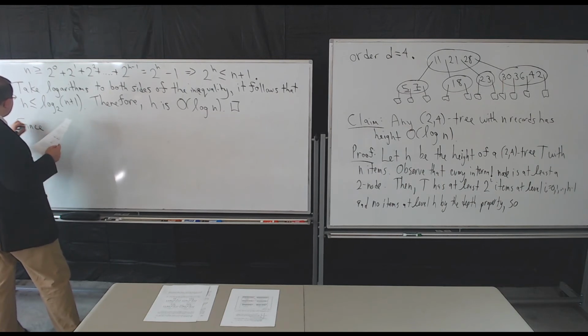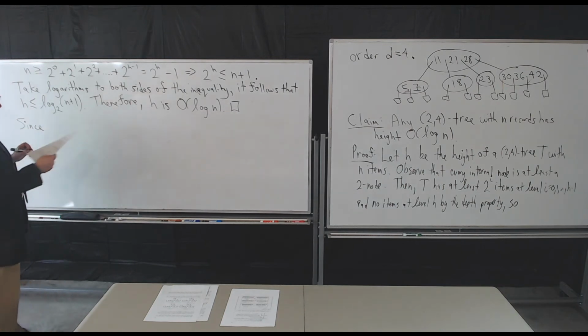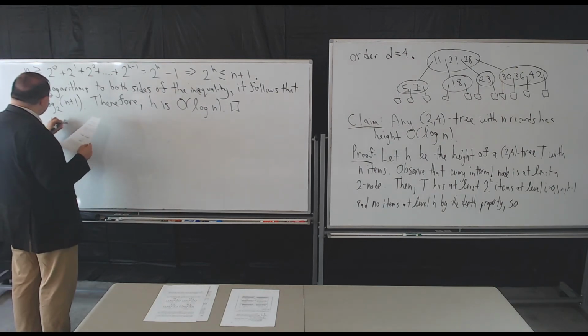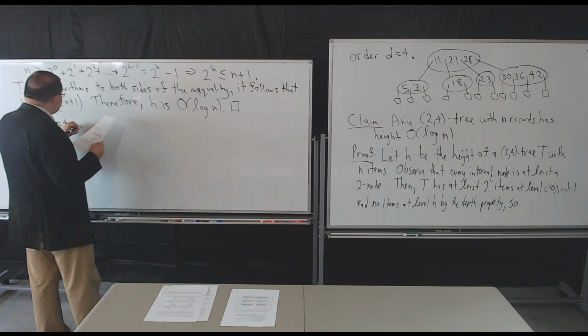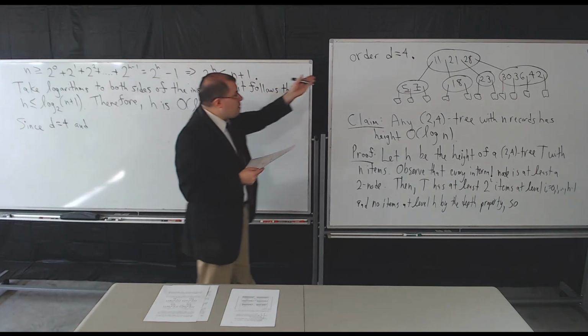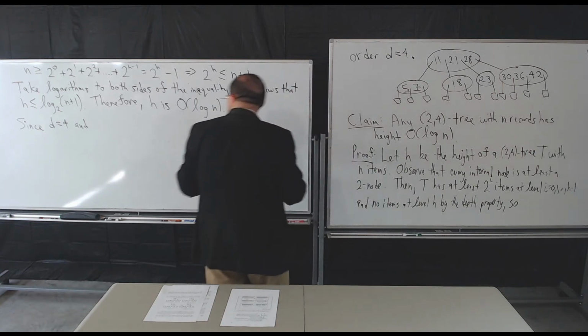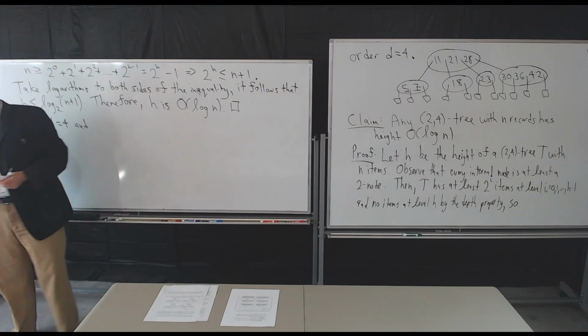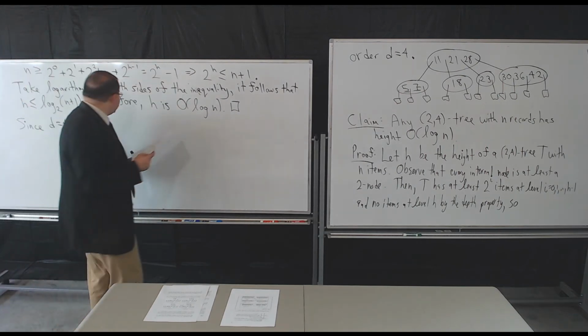What's the obvious corollary to this claim? Since d is equal to 4, I'm just going to assume d is some sort of bound for my tree. So I want to maintain this order of 4, but in reality the tree might actually have an order that's less than 4, but that's okay as long as it's at most 4.